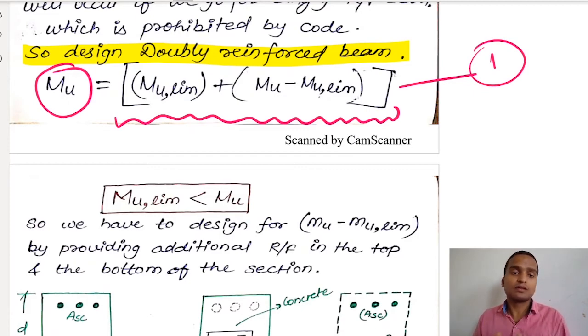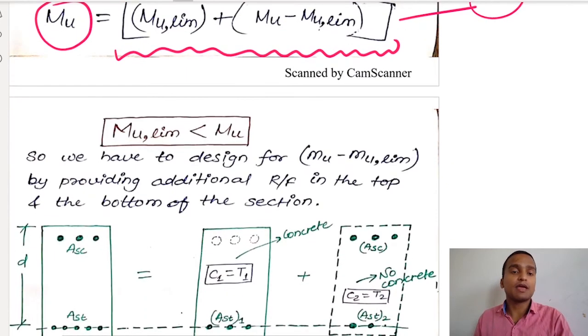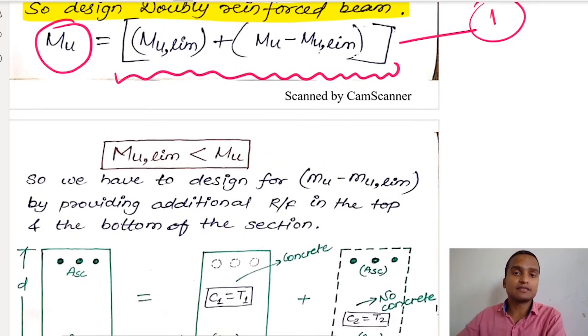Now we know that in a doubly reinforced beam, Mu limiting is less than Mu. This is clear to us, because in our case Mu limiting was coming out to be, suppose, 350 kilonewton meter, and Mu was coming out to be, suppose, 400 kilonewton meter.